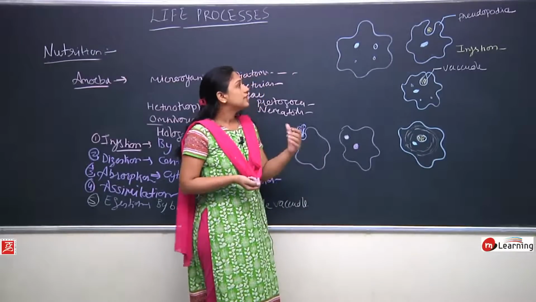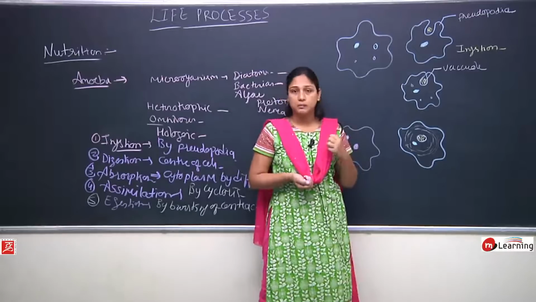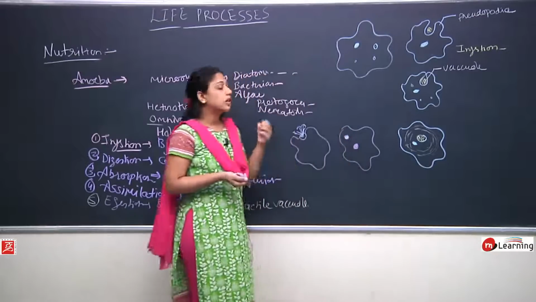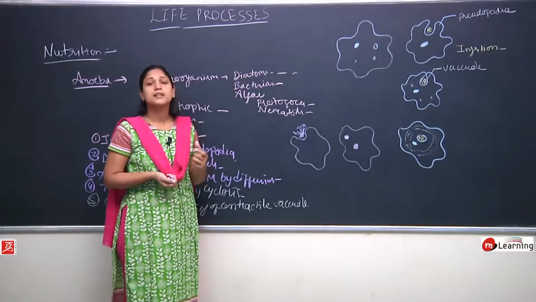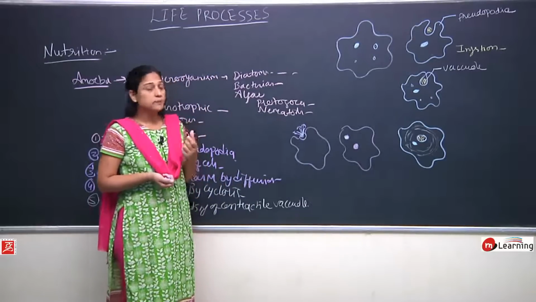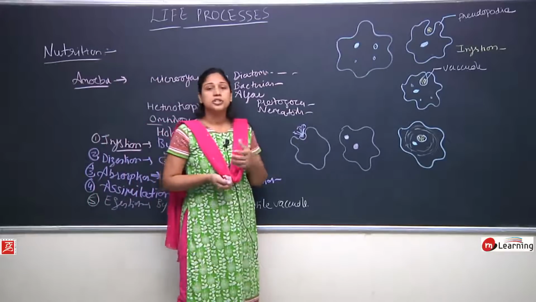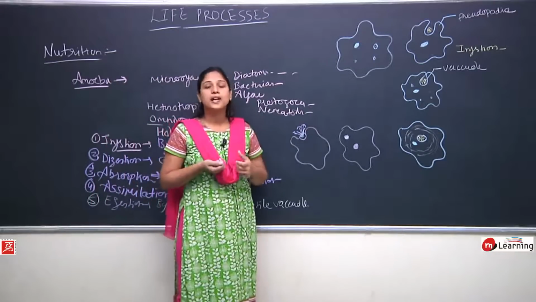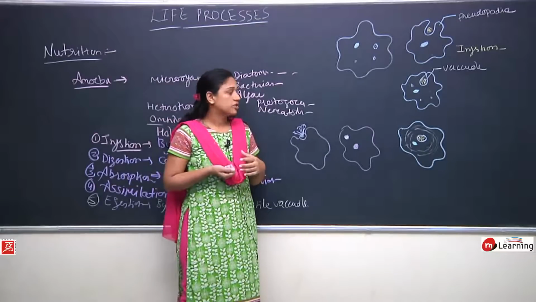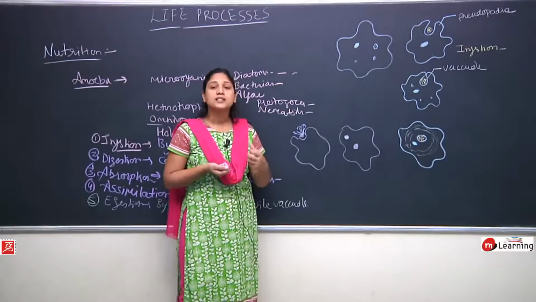So this is the mode of nutrition in the amoeba. One of the single-celled unicellular organisms is paramecium. How does it derive its nutrition? Because we have seen that amoeba makes a pseudopodia and then derives its nutrition. But how does paramecium take the food?